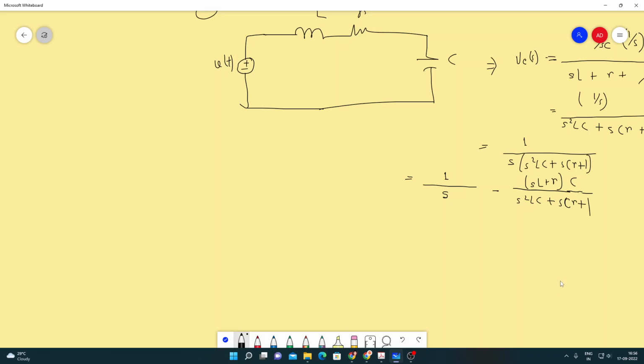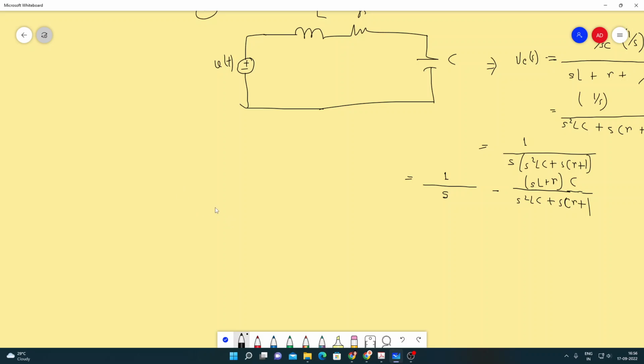Now to prevent complex conjugate poles, this is a simple pole at S equals 0, so this won't cause oscillation. Oscillation can occur due to this second order characteristic expression S square LC plus SCR plus 1.